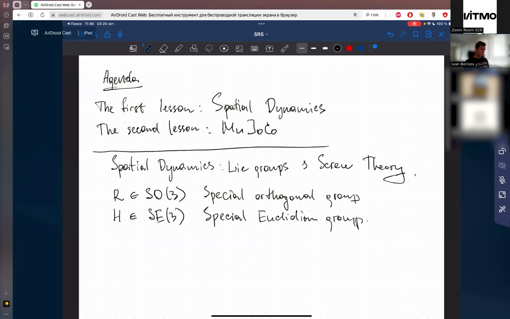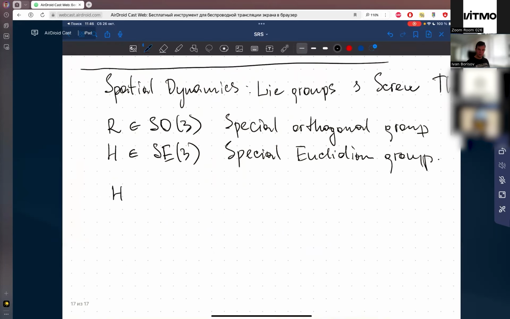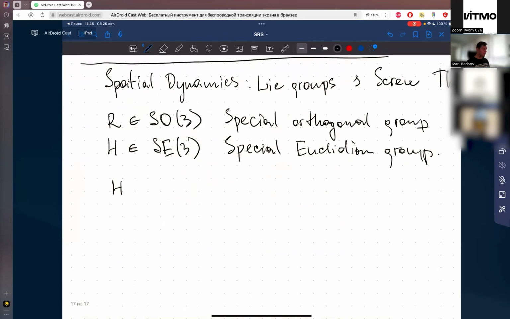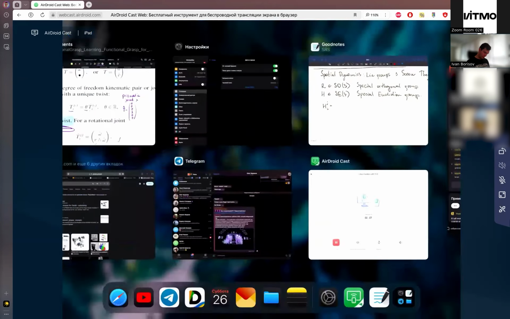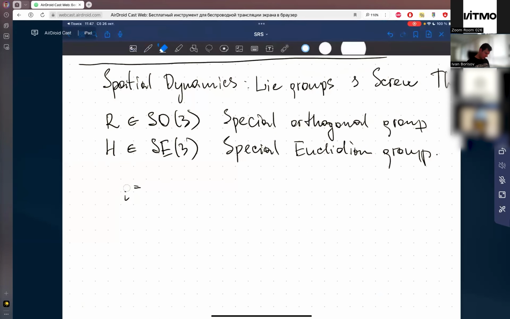All right, and H can be used to describe the general motion. Let me write it explicitly.